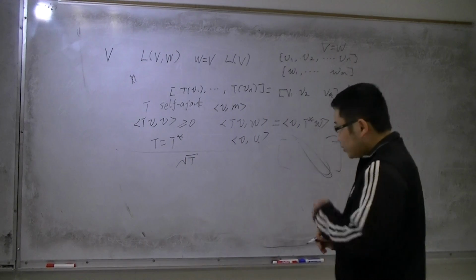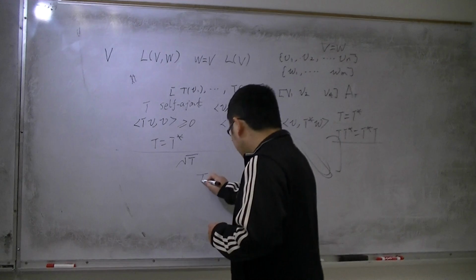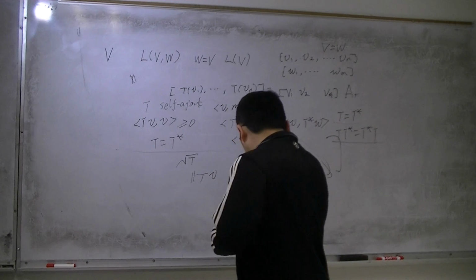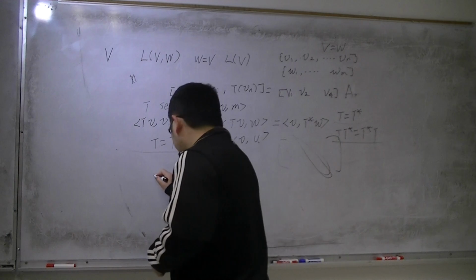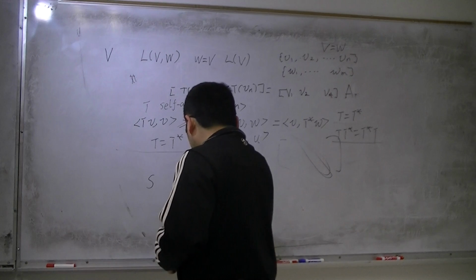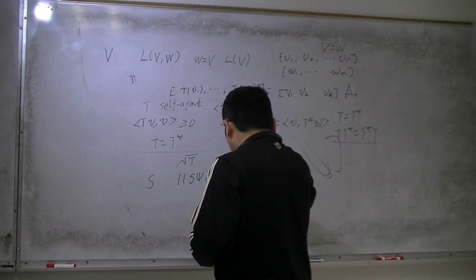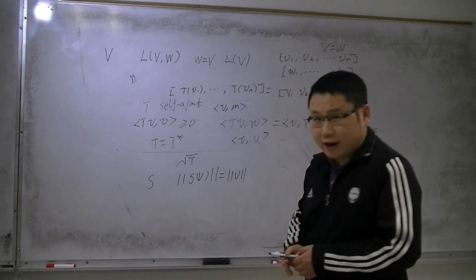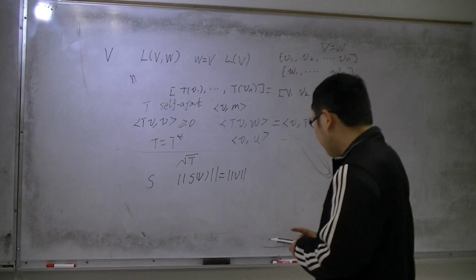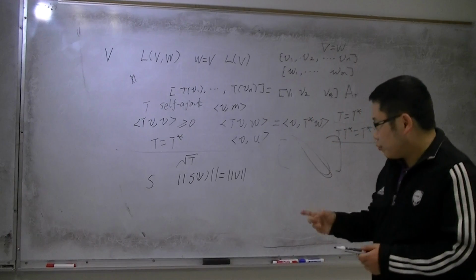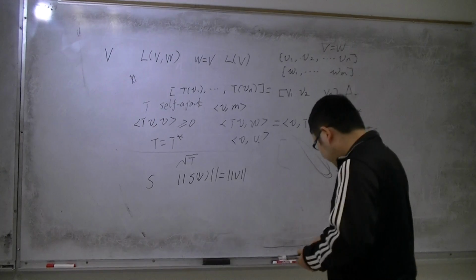Also mentioned last class is the isometric operator. Use S to denote it: for each vector in the vector space it has this property, and we call S an isometric operator. That's what I talked about in the mini talk before, from the beginning.